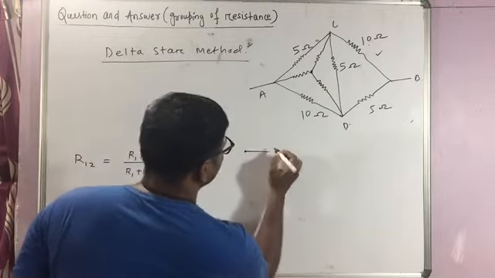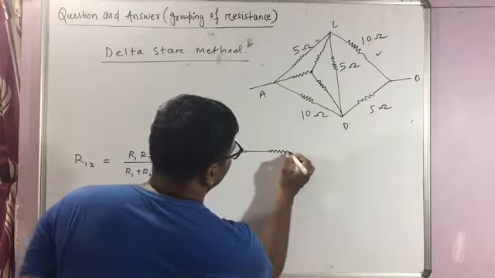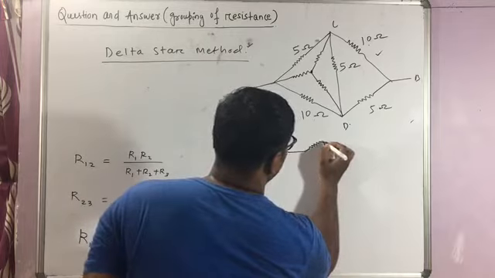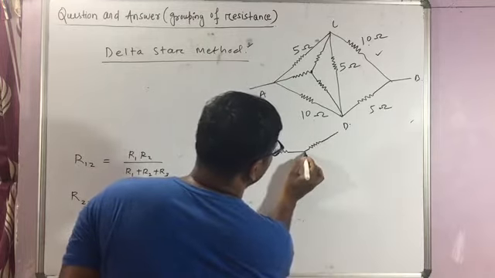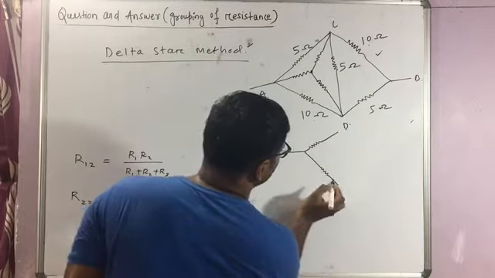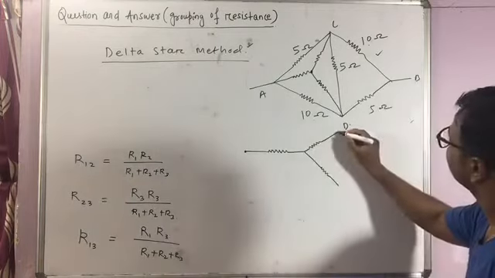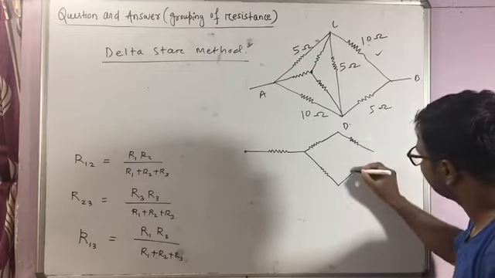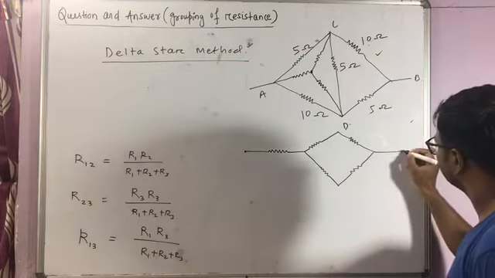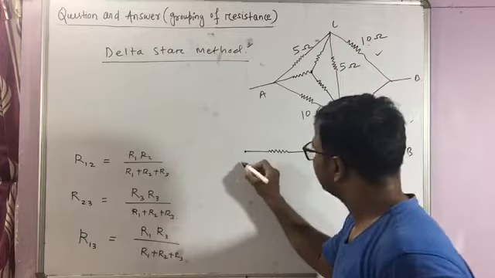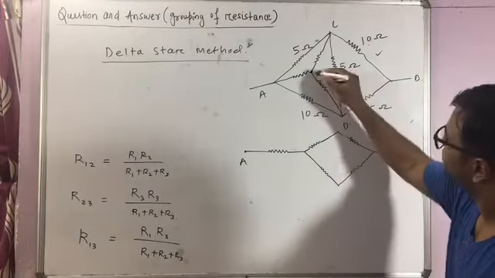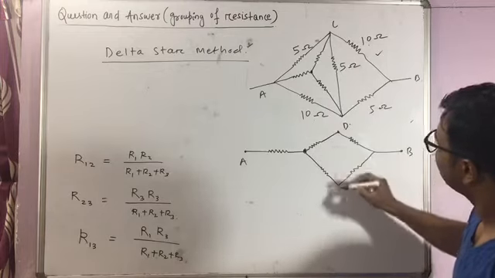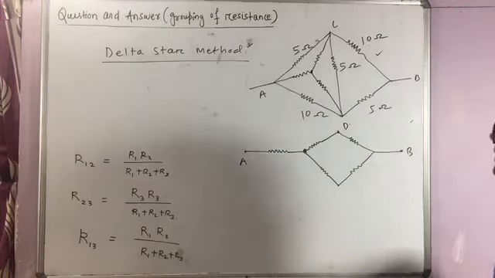From that you draw one resistor here, another resistor here, and another resistor here. Then another resistor here and another here. This end is your B, this end is your A, this point is your C, this point is your D.